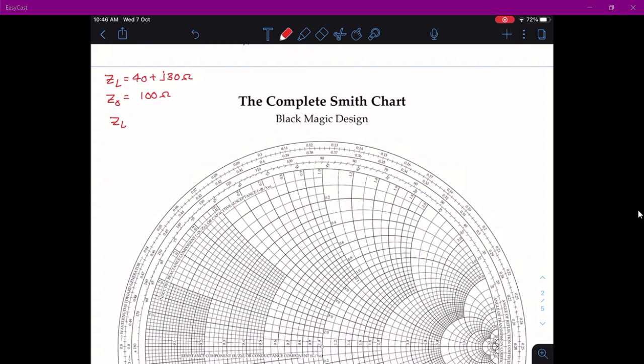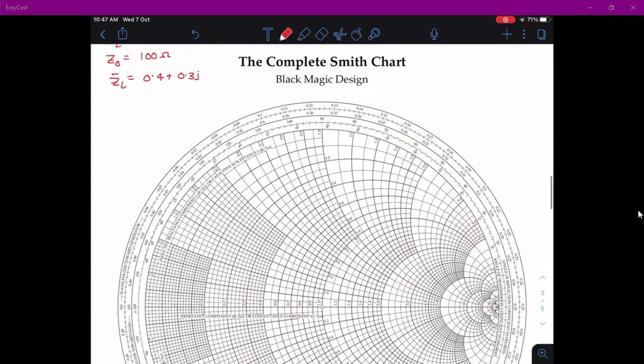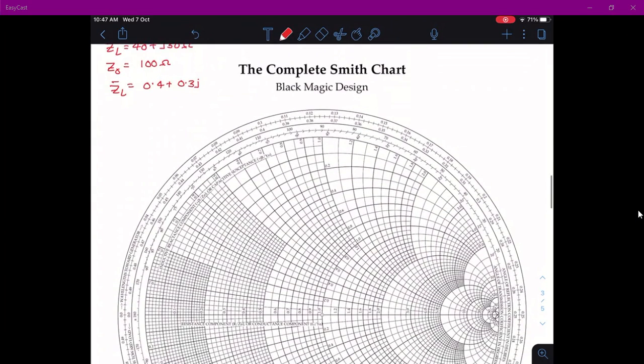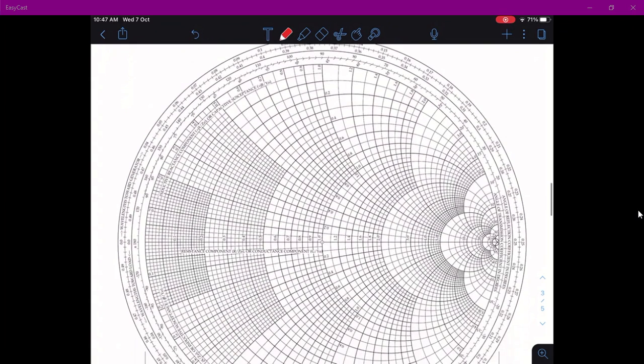So, my ZL bar is equal to 0.4 plus 0.3 J. Fine. So, let's mark these points, and so first one you need to mark at 0.4 plus 0.3 J. So, let's look at where is 0.4, which is this circle, and 0.3 is somewhere here.